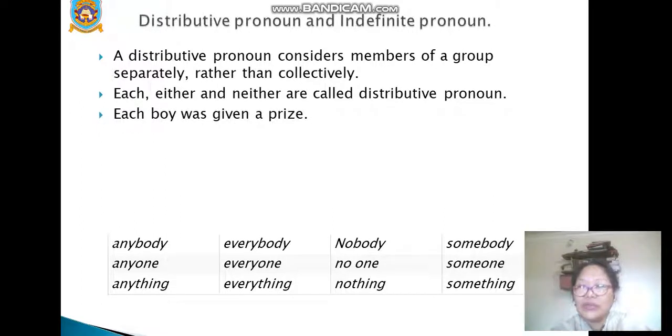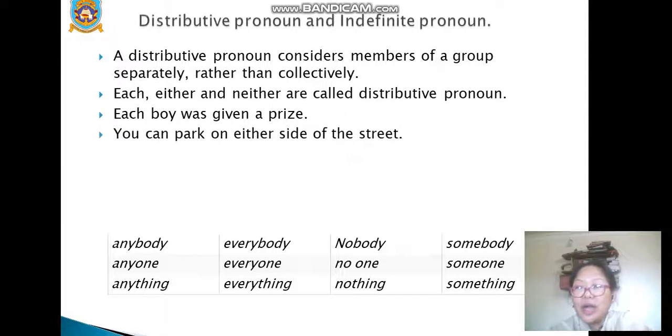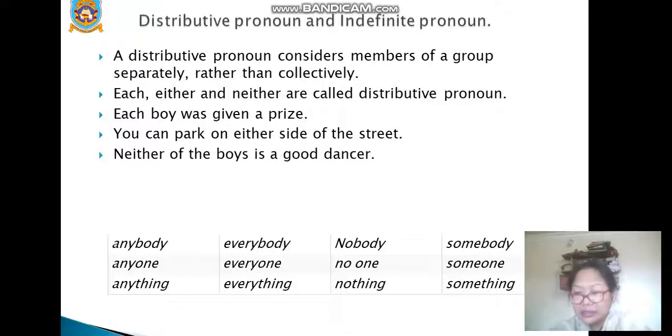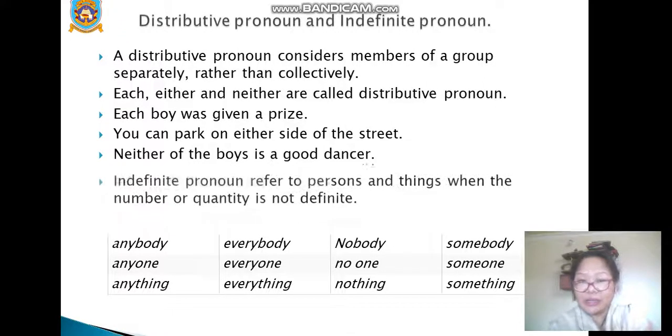Each boy was given a prize. This is an example. You can park on either side of the street. Neither of the boys is a good dancer. So a distributive pronoun considers members of a group separately. It does not recognize them collectively.